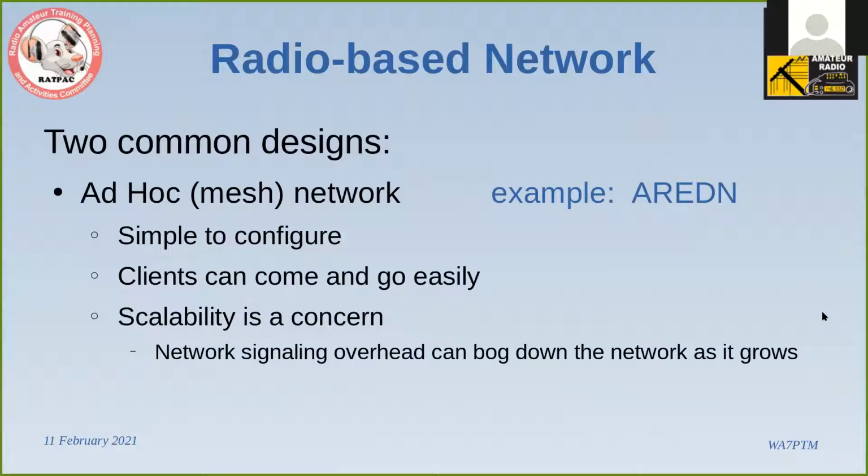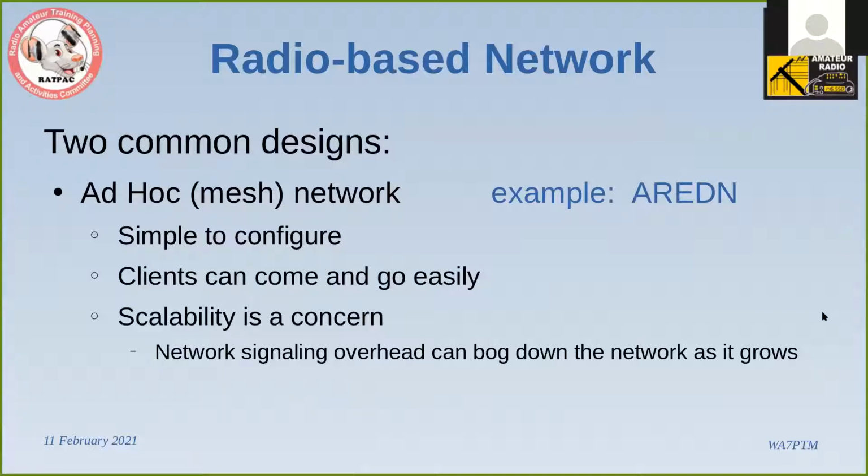So two common designs of the radio-based networks. One is an ad hoc mesh network. Arden has software that does this with, I think, across several different product lines. I think they've got Ubiquity Bullets, and they might be supporting Mikrotik now. They used to support the Linksys, but Linksys kind of aged out on capabilities.